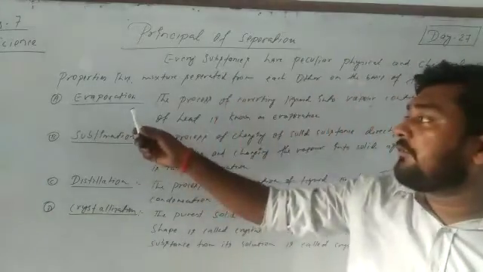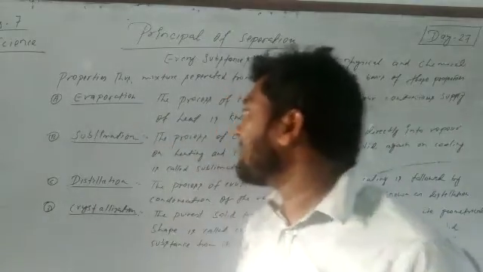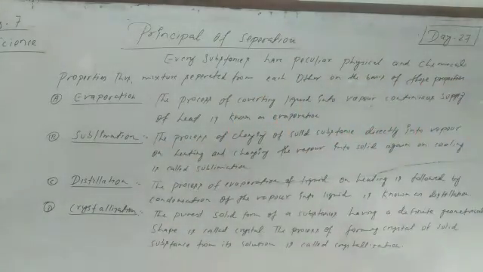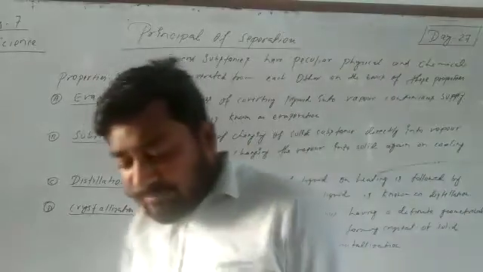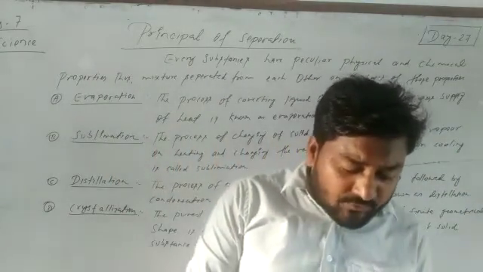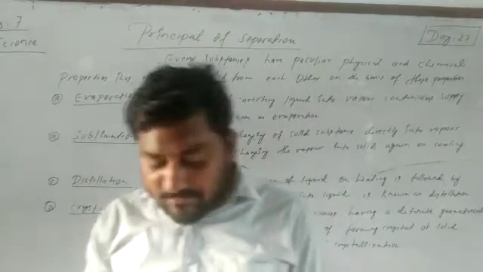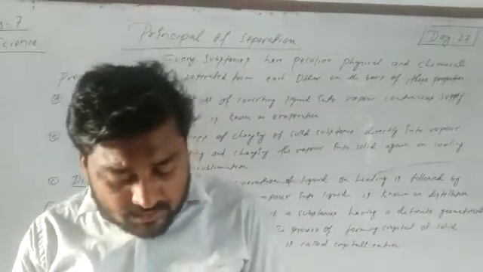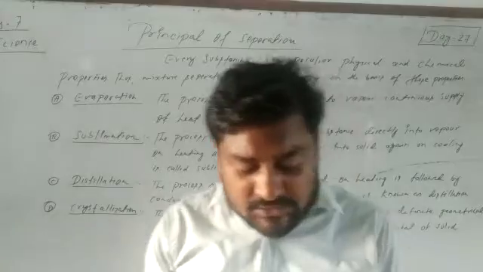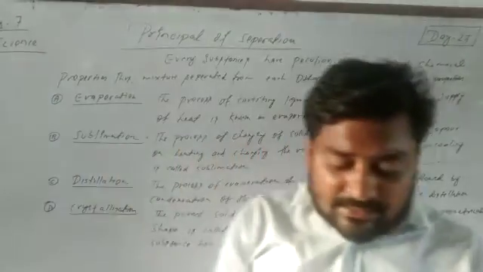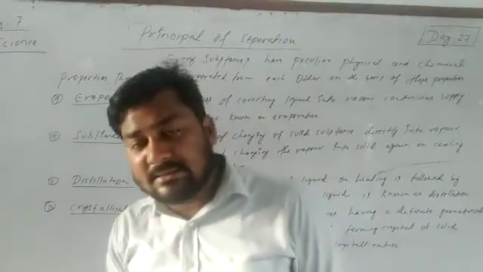So let us talk about evaporation. By this method, sugar from sugar solution is separated. Here the liquid of the mixture turns into vapor and the solid is left behind.